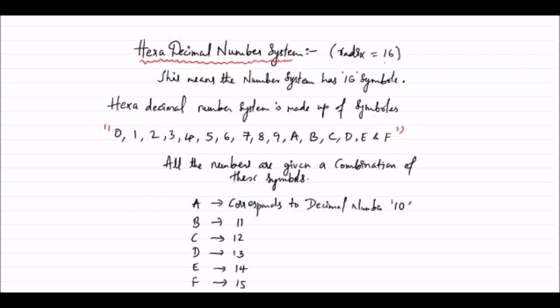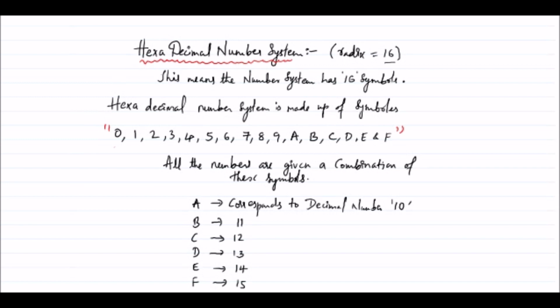Okay, the hexadecimal number system has a radix value of 16. That means the numbers in this hexadecimal system will have symbols that can be represented from 0, 1, 2, 3, 4, 5, 6, 7, up to 9.